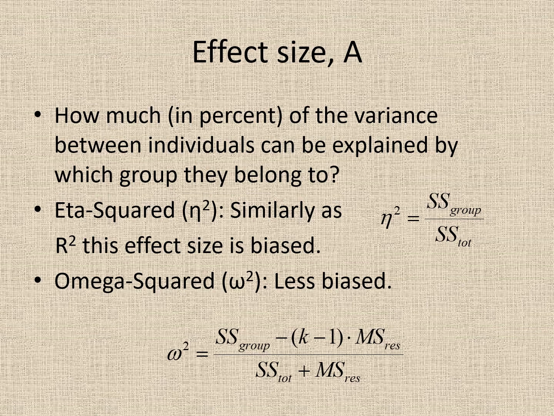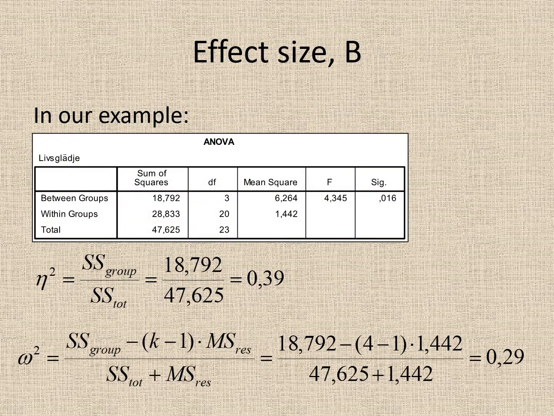So if we have a look at our data, our 4 treatment groups, and level of life satisfaction in the different groups, if we calculate eta squared here, we get 39.